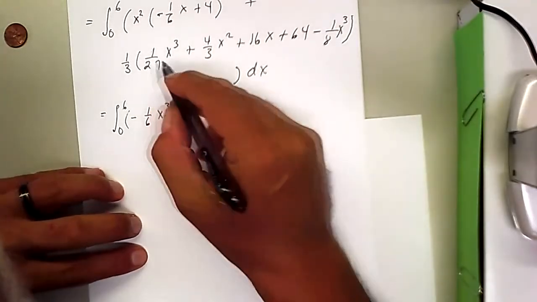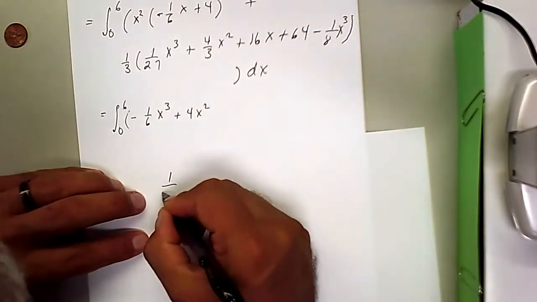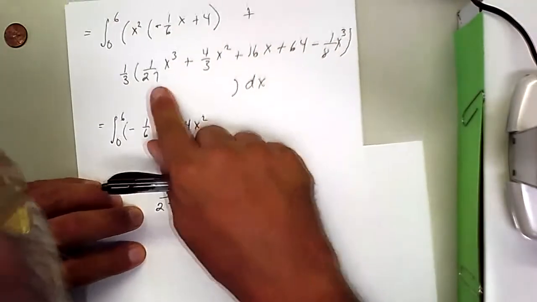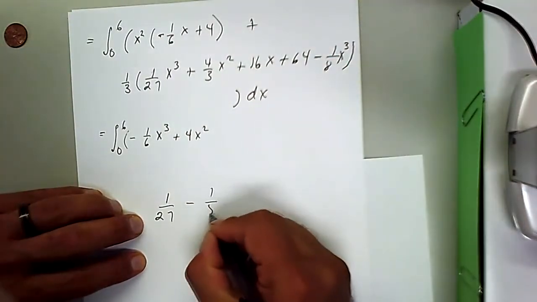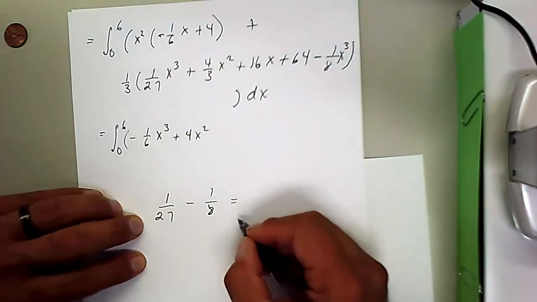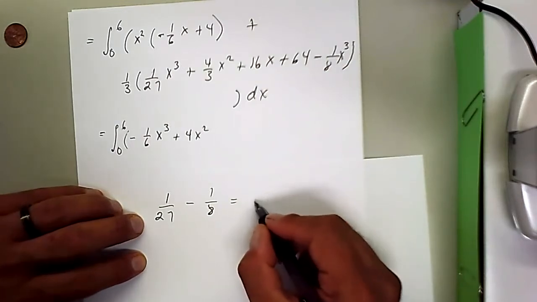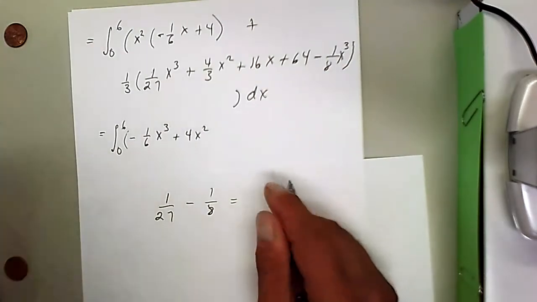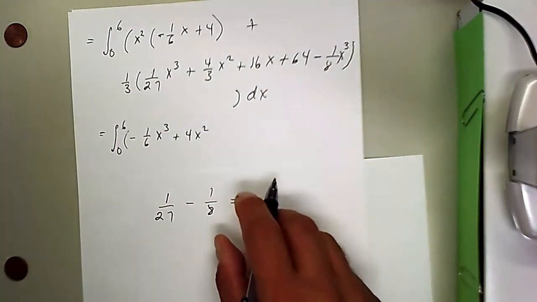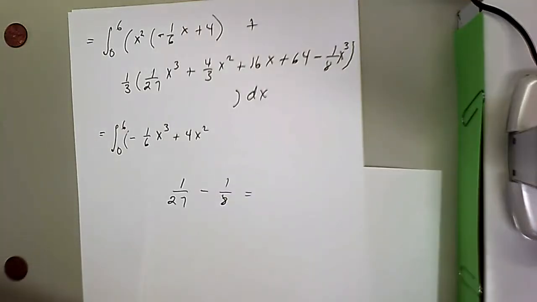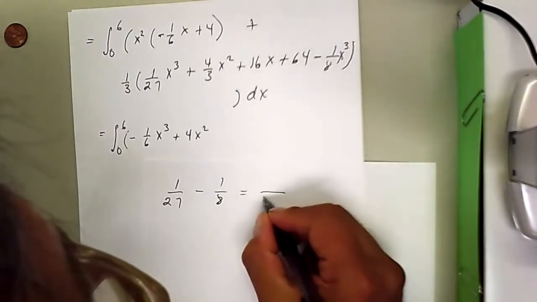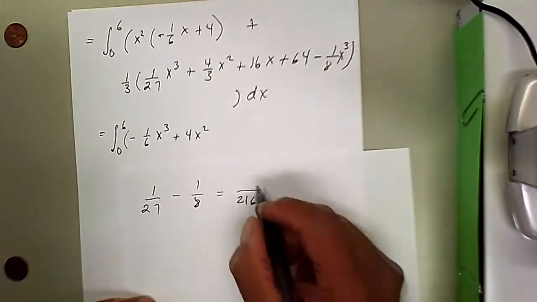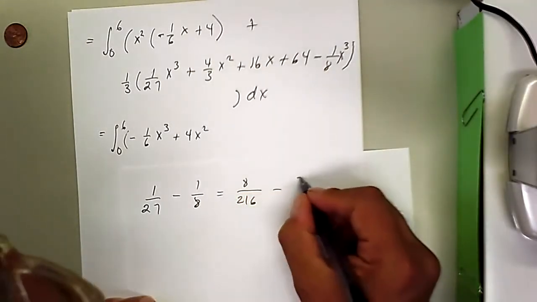So we have 1/27, and then this x cubed is 1/8. So we do the subtraction of those fractions. The common denominator is going to be 8 times 27, 216. So 216, 8 minus 27.